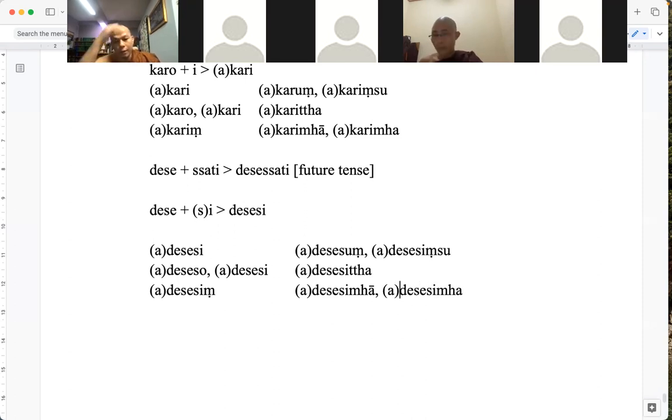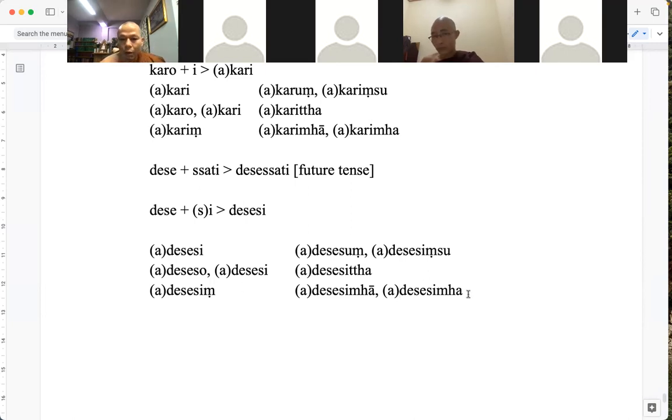A DC say ma. So in this way we form. So for the A and then base, sa is inserted always before the vowel termination. So these are regular verb for the past tense.